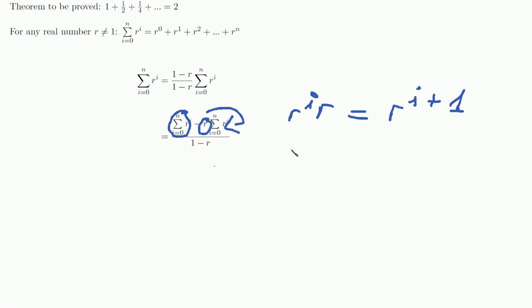This is exactly the same as if we just changed the limits in the series. So we could just write i equals 1, and n will become n plus 1. Okay, so we do this and it looks like this.